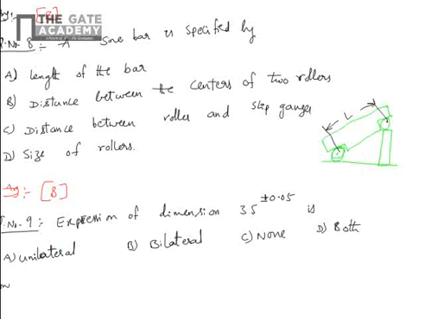So the answer is B. It is bilateral because it has positive as well as negative values. That's why it is called bilateral tolerance.